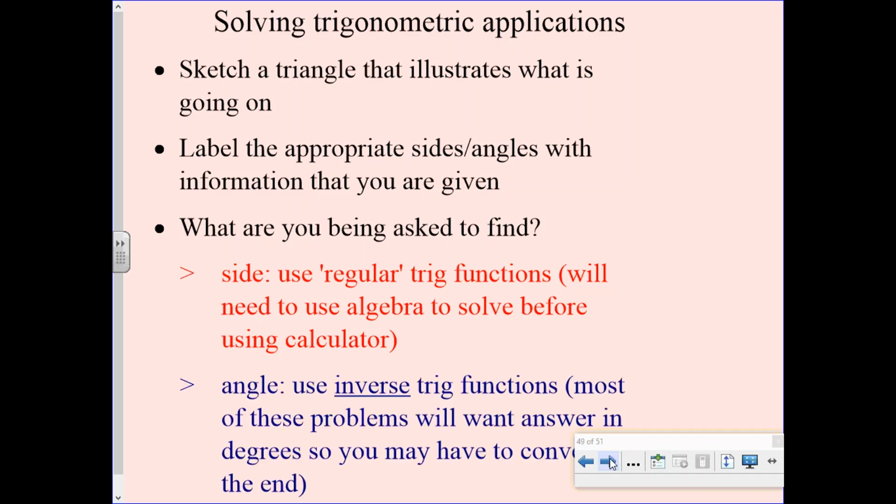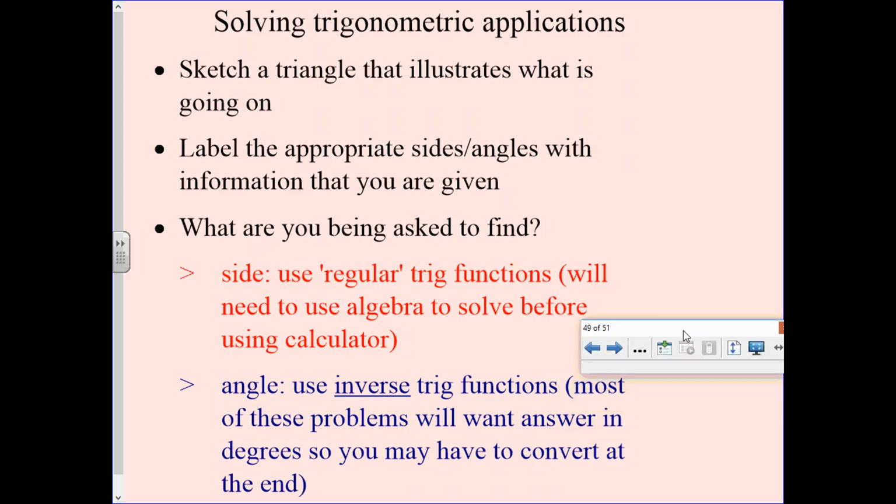If you're looking for an angle, that's when you're going to use an inverse trig function: inverse sine, inverse cosine, inverse tangent. Most of these problems will want your final answer in degrees, so depending on what calculator you're using, keep that in mind. We may have to convert back to degrees at the end for the final answer.